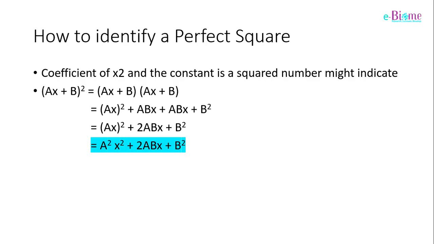So if you get a question that gives you a quadratic equation or a quadratic expression, how will you know if it's a perfect square? How will you be able to identify if it's a perfect square? And when you've identified that it's a perfect square, how do you go about working it out? There are some key things to remember.